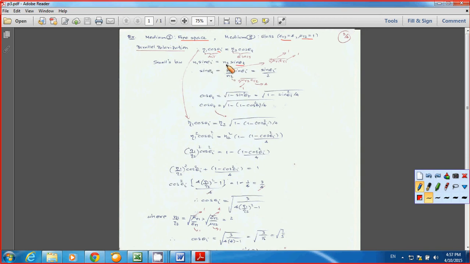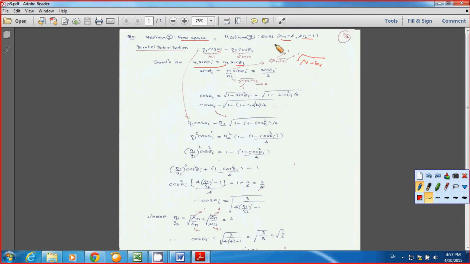It simply becomes n1 over n2, multiplied by theta I. In this case, your n is the index of refraction, which is equal to the square root of mu epsilon. So what you have left is the square root of mu r1 epsilon r1 divided by the square root of mu r2 epsilon r2, because the mu 0 and epsilon 0 cancel out, right?